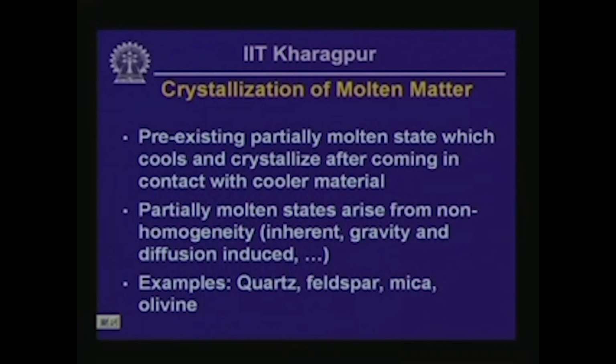What is the rationale for the existence of magma in a partially molten state? The reason why partially molten state occurs is non-homogeneity, or because of the fact that the magma is composed of several different minerals. This non-homogeneity could be inherent, or it could be driven by gravity, or it could be induced by diffusion.